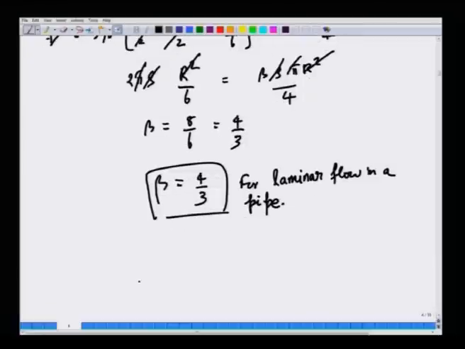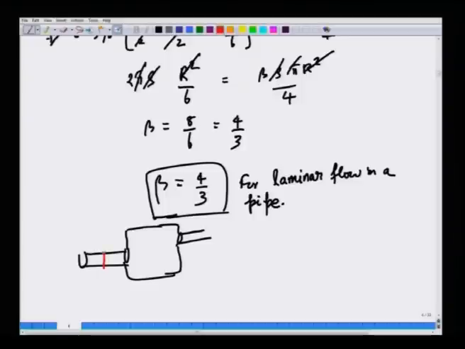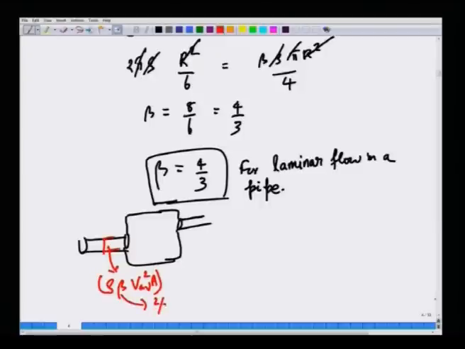Likewise, this is the momentum correction factor. What is the advantage? Whenever you have a problem in which you have laminar flow in a pipe that connects various equipment, and your control surface cuts across the cross section of the pipe, whenever you want to calculate the momentum flux integral, you can simply write this as rho beta V average squared times area, where beta is 4 by 3 for laminar flow.